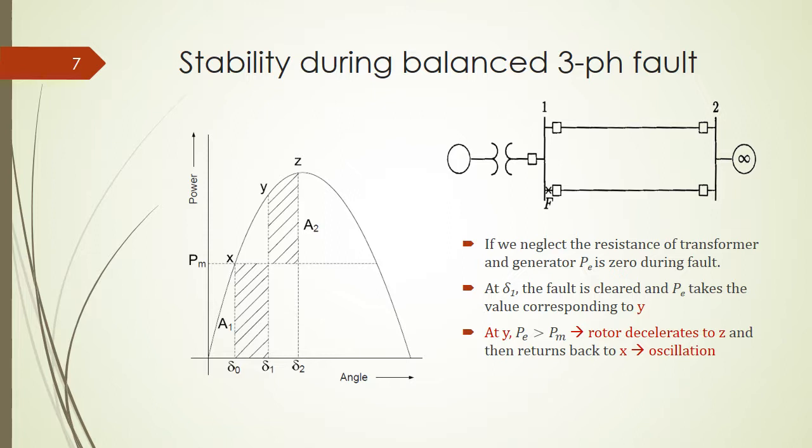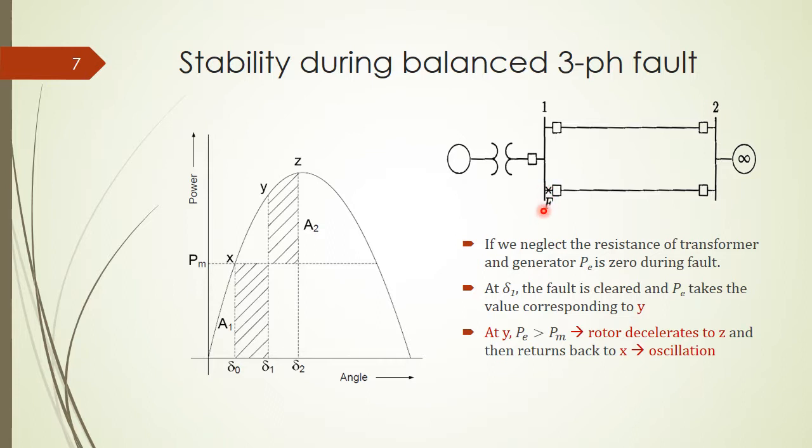So next we discuss the stability during a balanced three-phase fault. For example, we look at this system which has a generator connecting via a transformer and then a transmission line connecting it to an infinite bus. If we neglect the resistance of the transformer and the generator, PE is 0 during the fault.